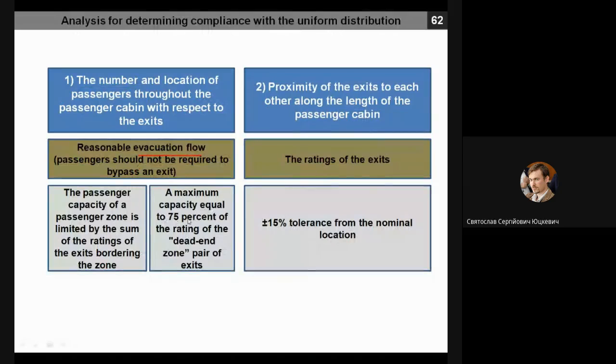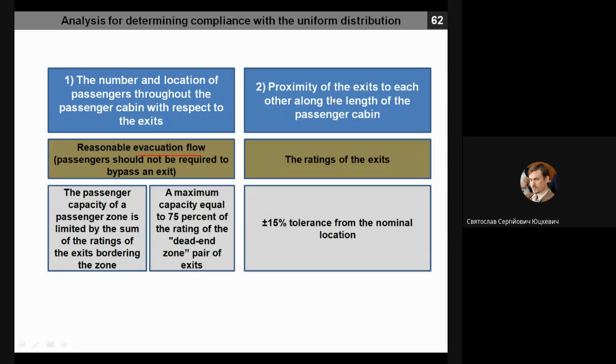Next one, if we talk about dead end, and dead end means if you have more than 4 seat rows in the passenger cabin, so it will be a dead end, and your rating must be reduced by 25% up to 75%.